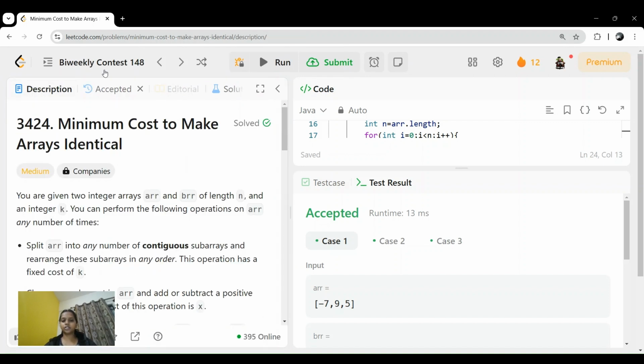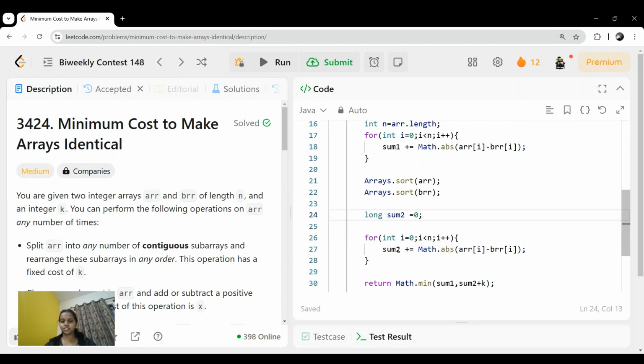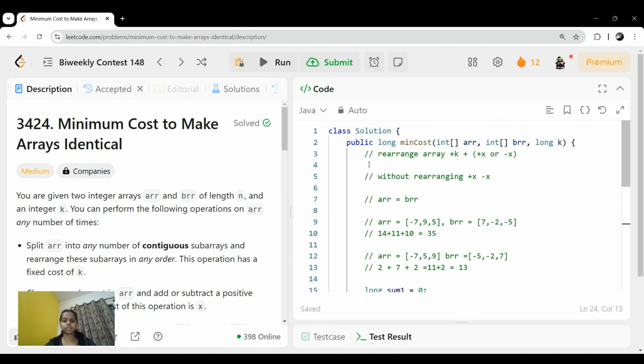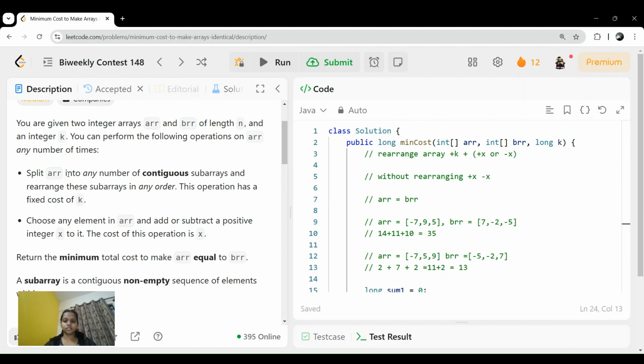In this way we can solve this question using a simple approach. As we have seen, there are two conditions. Either without rearranging, we can do the plus x, minus x, which we find using the absolute difference. The second is rearranging, and the optimal one will be after sorting only, so that we can find the minimal difference.